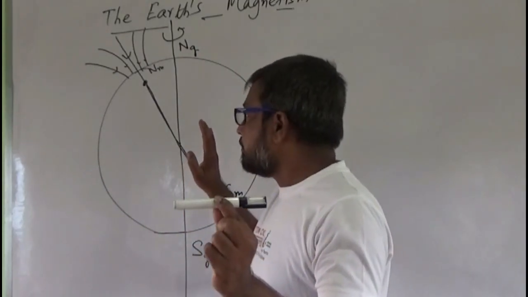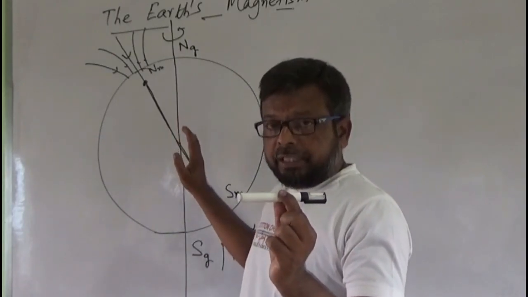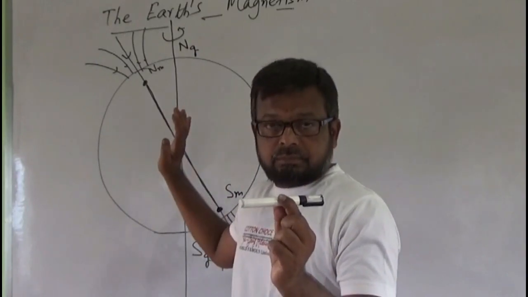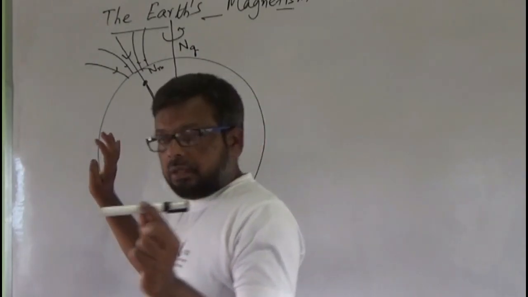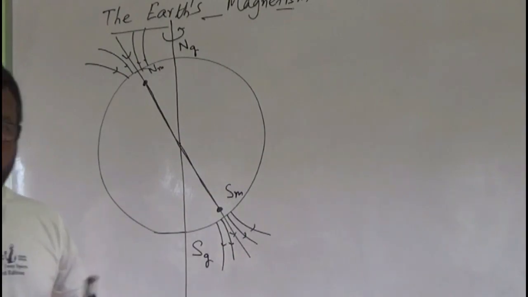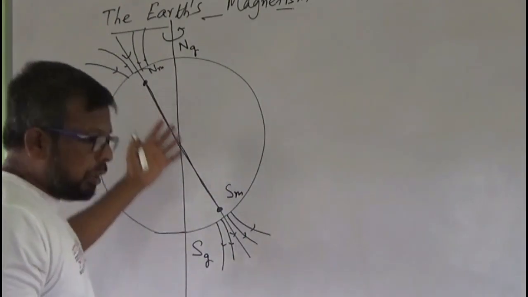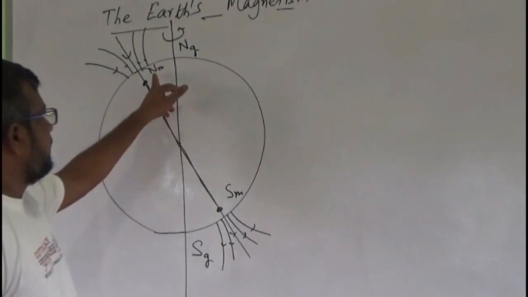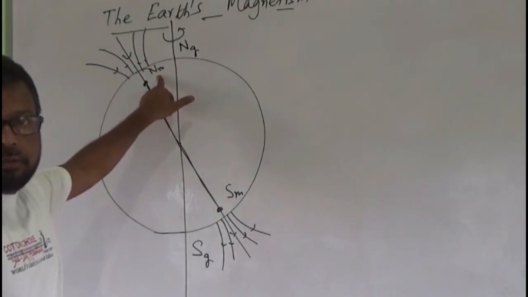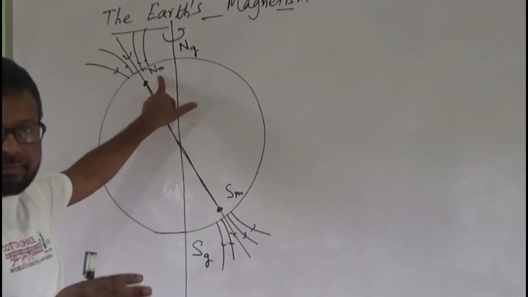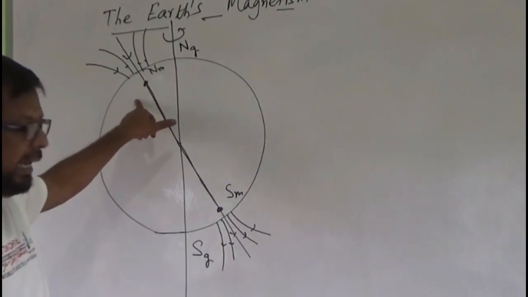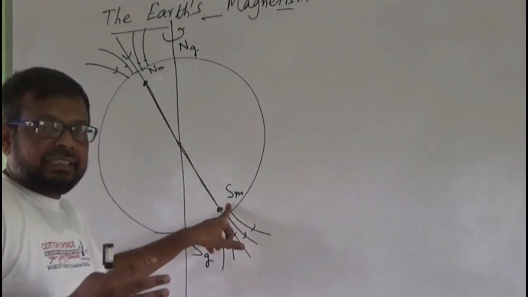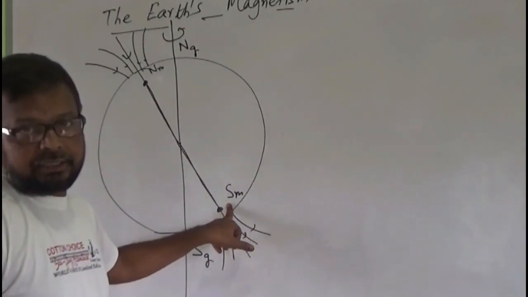If we take the convention of north pole, south pole of Earth's magnetism, right? You may change this also. You can say that the magnetic north pole according to our previous convention is the south pole, and the magnetic south pole of Earth is a north pole according to our previous convention.